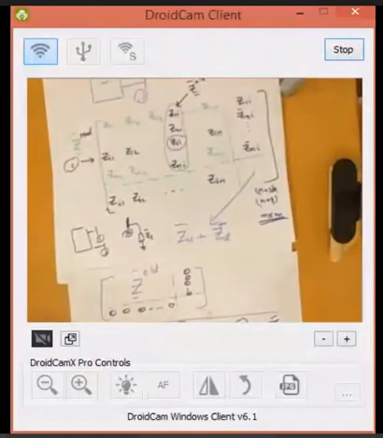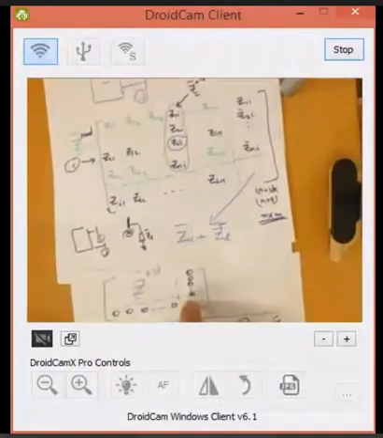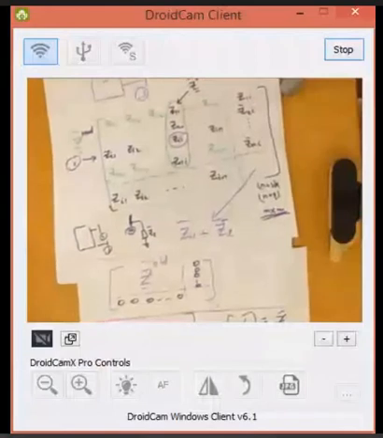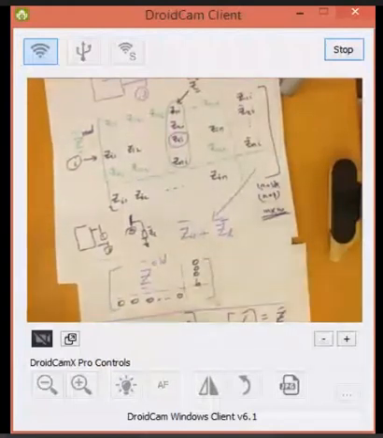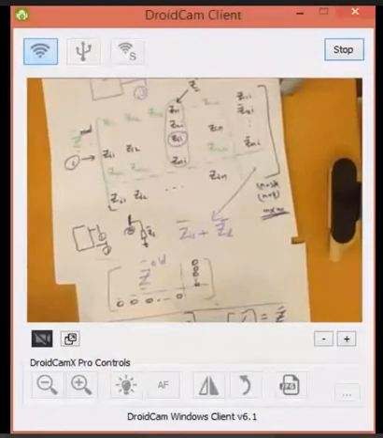And here, as we said before, it is ZII plus ZL, and ZII is connected to the ground, so it is 0 plus ZL. So here we just have ZL. This is a special case.